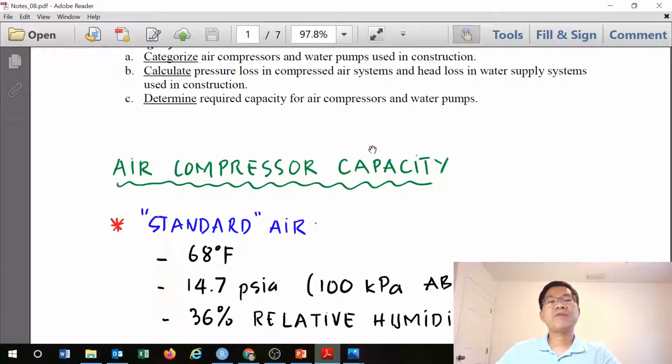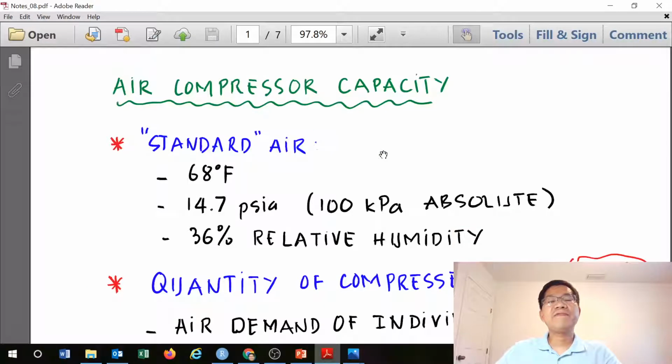Let me go over the first topic, the air compressor. First we need to find out the air compressor capacity, what the capacity should be, with a quick review of what we mean when we say air. To measure it, first we need a baseline, and that is defined by standard air.